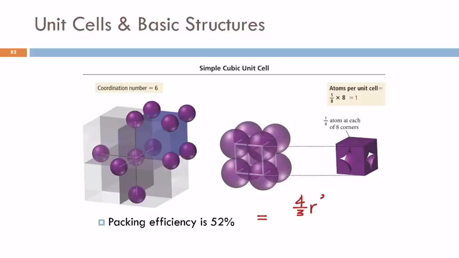So 4/3 pi r cubed divided by the volume of the whole cube, which is each side 2r, cubed. And so that ends up giving you 52%. It's the percent of the volume occupied by the atom. Any questions?